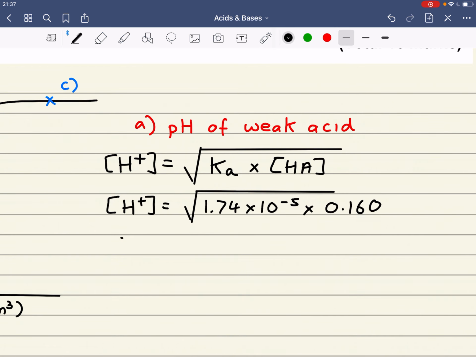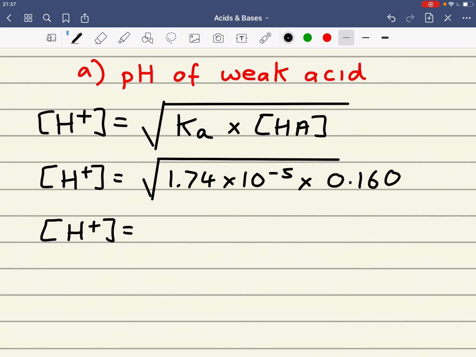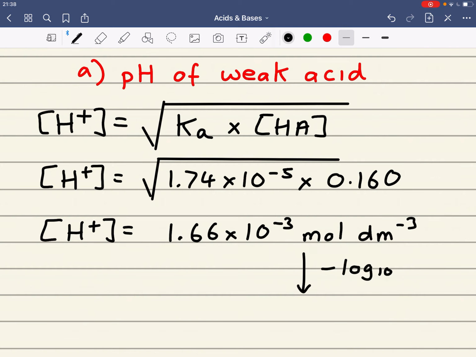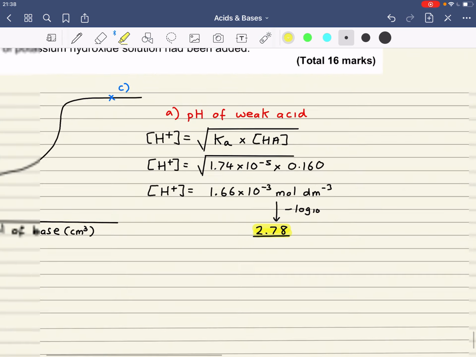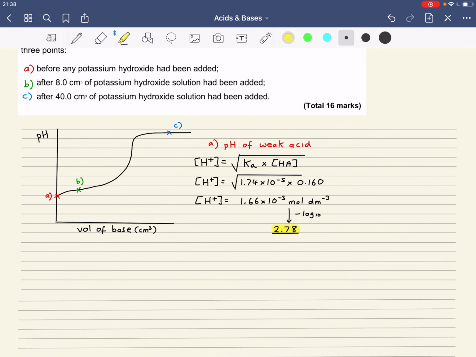When you do that calculation, you should get a hydrogen ion concentration of 1.66 times 10 to the minus 3. And then obviously we just take minus log to the base 10 of the answer, and that gives me a pH of 2.78. So that's my initial pH, simply the pH of a weak acid.